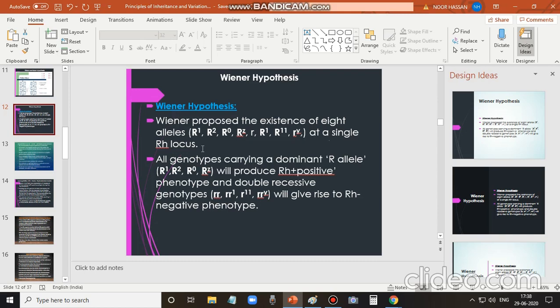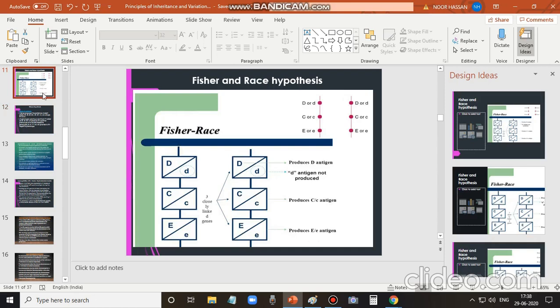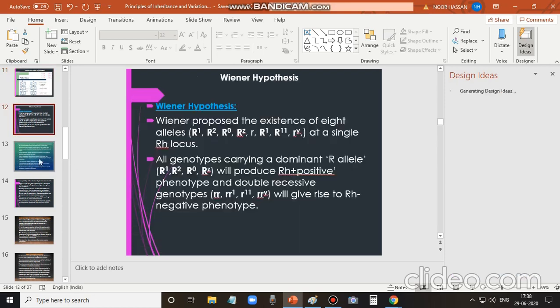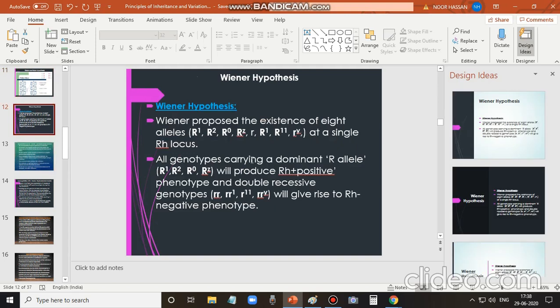So as per race theory, that is Fisher and Race hypothesis we discussed, there are 3 pairs of alleles, but as per this Wiener hypothesis, he proposed that there are 8 alleles at a single RH locus. But in Fisher and Race theory, we discussed 3 pairs of alleles situated at different loci. Here, as per Wiener hypothesis, he found that 8 alleles or 4 pairs of alleles are present at a single RH locus.